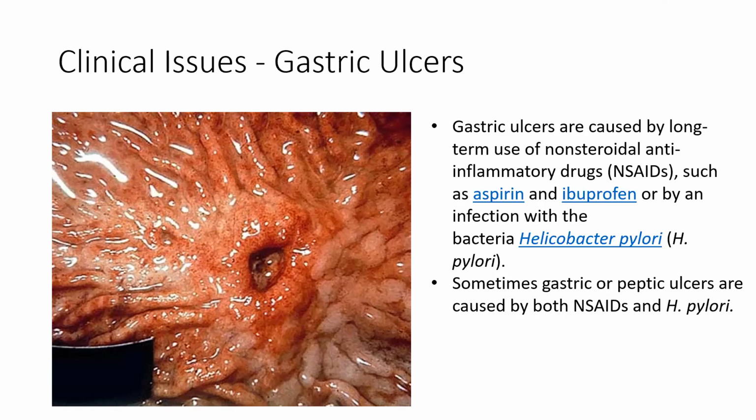People that take NSAIDs, anti-inflammatory drugs like aspirin or ibuprofen, will often, if you continue to take them for long periods of time, irritate the lining of our stomach to the point that they destroy the ability to make alkaline mucus, and we can develop an inflammation.